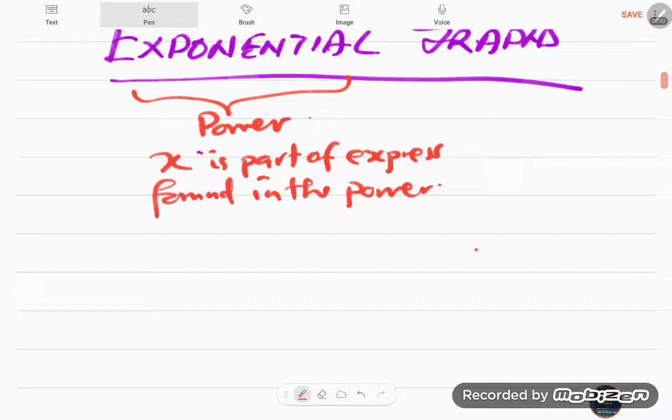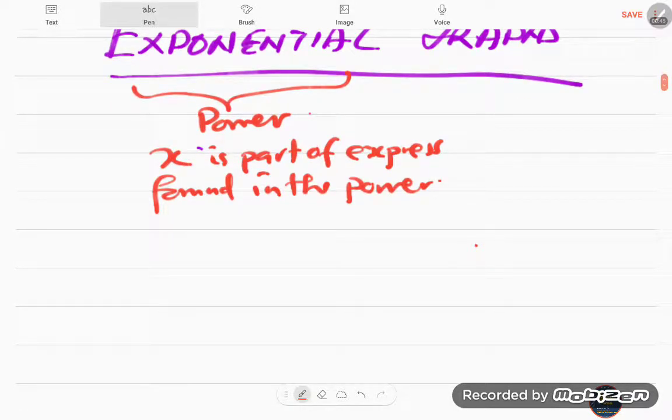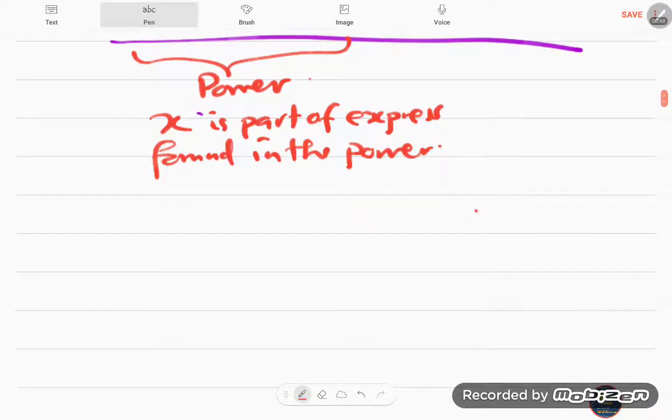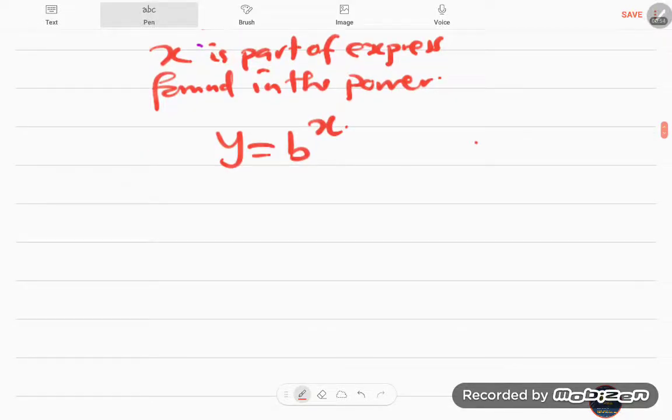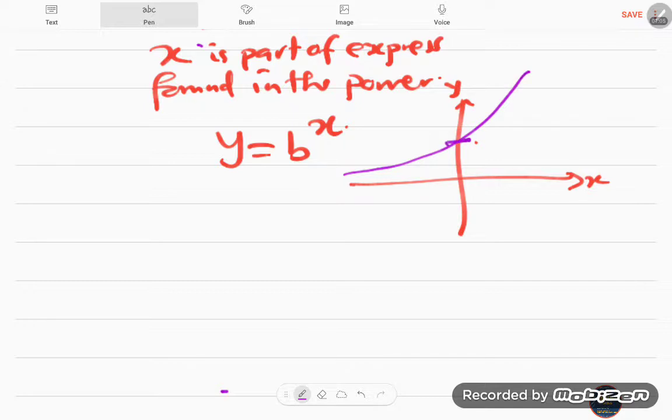That's the reason why we talk about them as exponential graphs. So the basic graph is going to be y equals b to the power x, and this graph is always going to be of this nature, passing through 1.